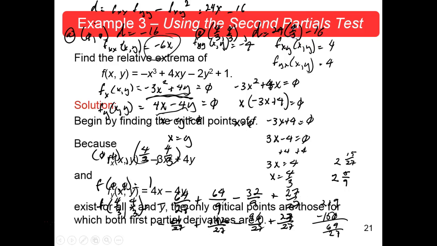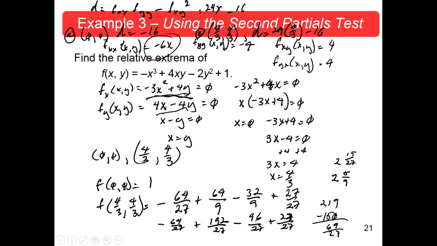Well, 3 goes into 24 8 times. 8 times 4 is 32. So you get 32 minus 16, which is positive 16. So your D is positive, greater than 0.